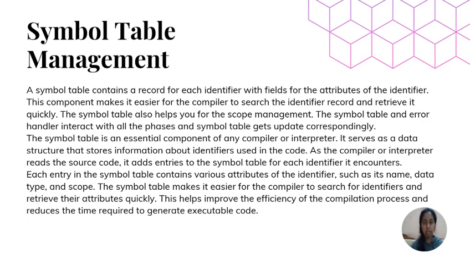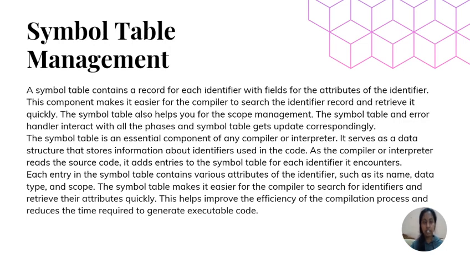A symbol table is an essential component of any compiler or interpreter. It serves as the data structure that stores information about the identifiers used in the code. As the compiler or the interpreter reads the source code, it adds entries to the symbol table for each identifier it encounters.